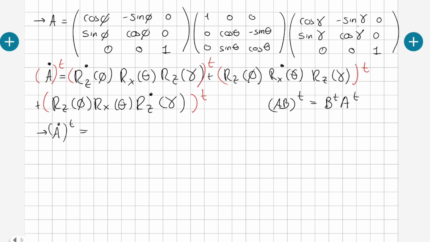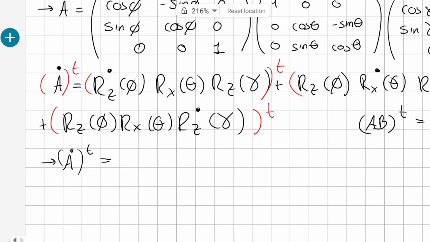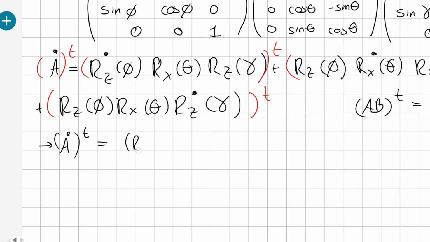The trick to do it with three functions is to do it first with the first factor, and then with the second factor, taken as the product of these two matrices. So we get the product of these two transposed, times this matrix transposed. Something like this: Rx theta, RZ gamma transpose, and then RZ phi transpose.